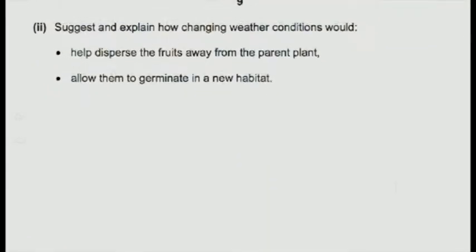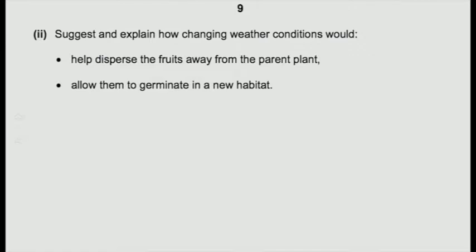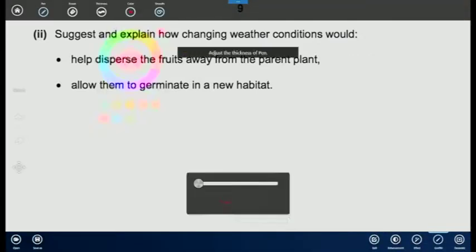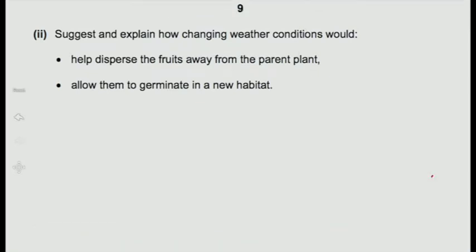I want us now to look at the second part of the question, which looks at how the closing up and the spreading out helps this plant in terms of its adaptation. So the next part of the question reads, suggest how changing weather conditions would, 1, help disperse the fruits from the parent plant.